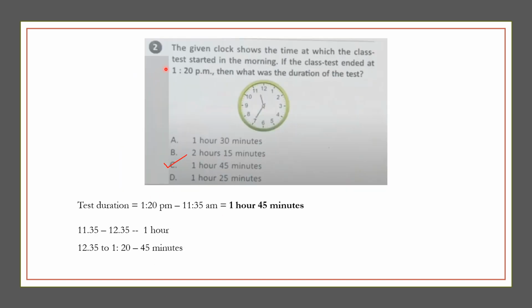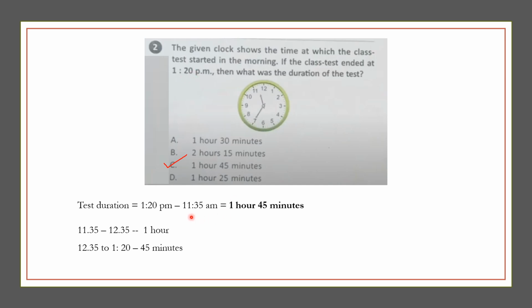Question number 2. The given clock shows the time at which the class test started in the morning. If the class test ended at 1:20 p.m., then what was the duration of the test? So at what time did the class test start? It is 11:35 and it ended at 1:20 p.m. So we need to subtract 11:35 from 1:20.